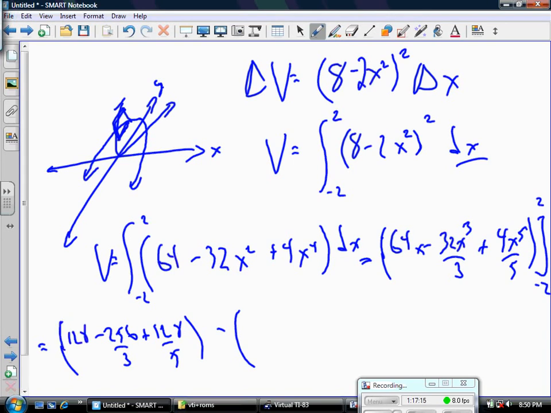Okay. Now plug in negative 2. Well, if you plug in negative 2, you get negative 128. Now this is a negative 8 times a negative 32, you get positive 256 thirds. If you plug in a negative 2, this becomes a negative 32 times the 4, negative 128 fifths. Well, what's 128 minus a negative 128?